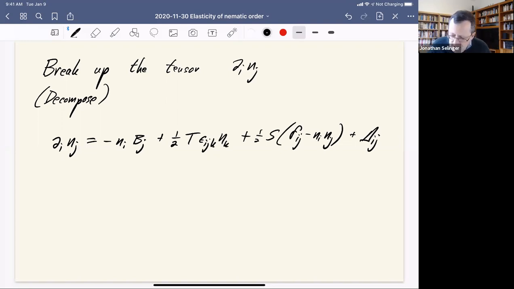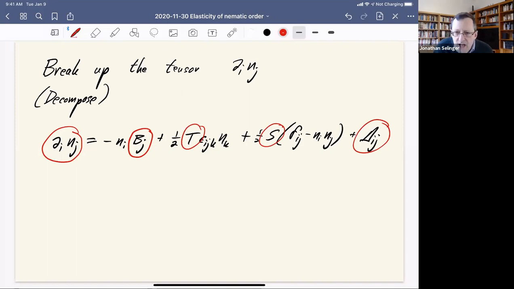So this is a construction which is breaking the tensor over here into one part, which is described by a vector, a bend vector, one part which is described by t, one part described by s, and one part described by this tensor.